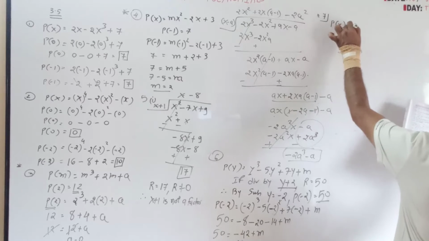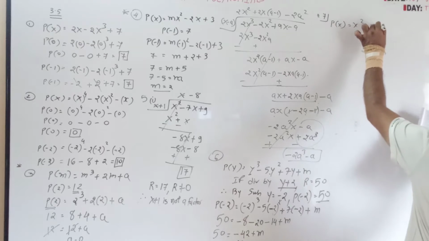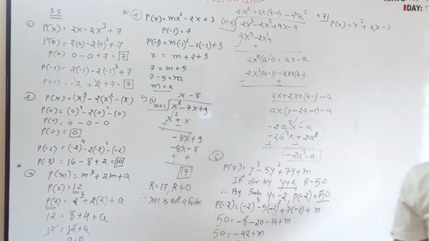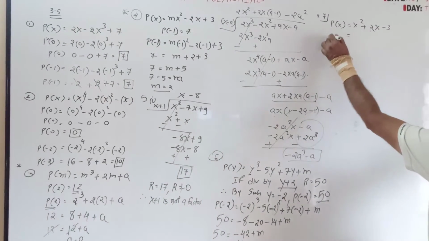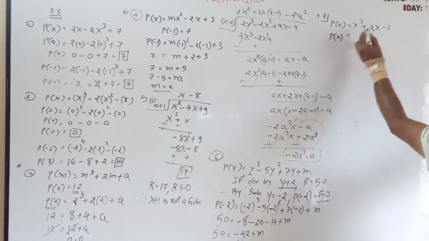P of x is x square plus 2x minus 3. From minus 3, there are two methods. Minus 3 to 2 you want, no?